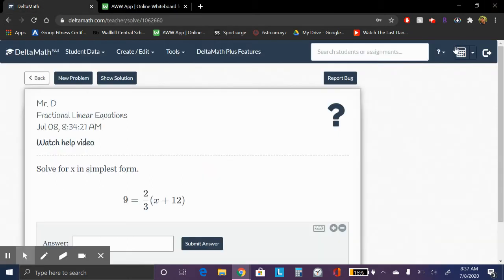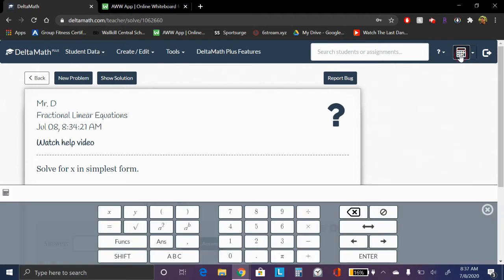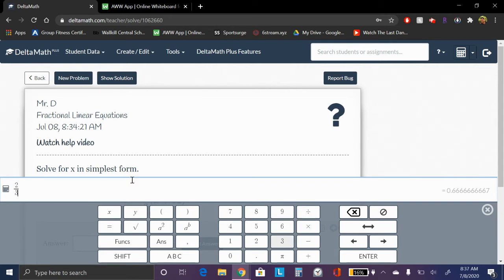2/3 times 12. So over here, I'm going to do 2 divided by 3, times 12. Make sure you click over here so you have 2/3 times 12 and you get 8.